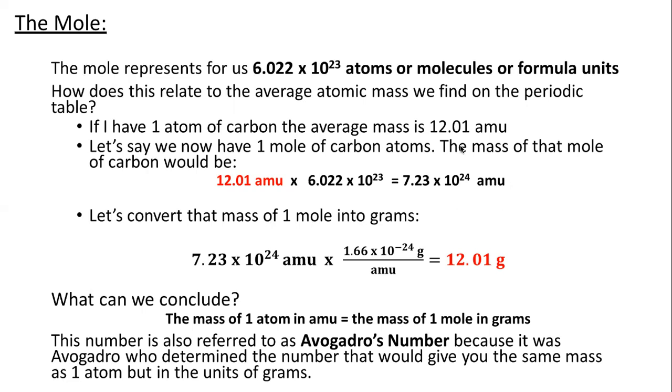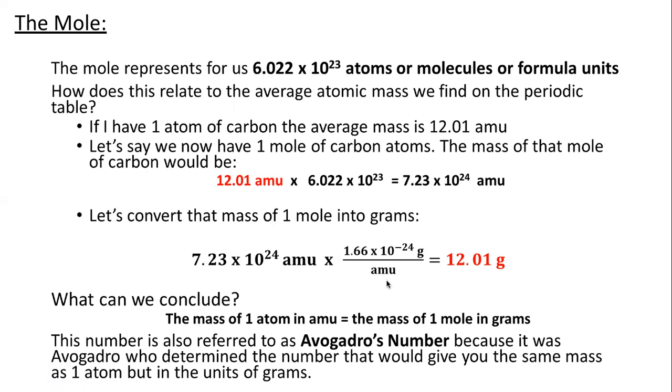So we take this answer that we get, 7.23 times 10 to the 24 atomic mass units, and we multiply it by what we know 1 atomic mass unit to be. And this is from our first lecture, where we talked about how small the atom is, that we needed to come up with its own measurement.